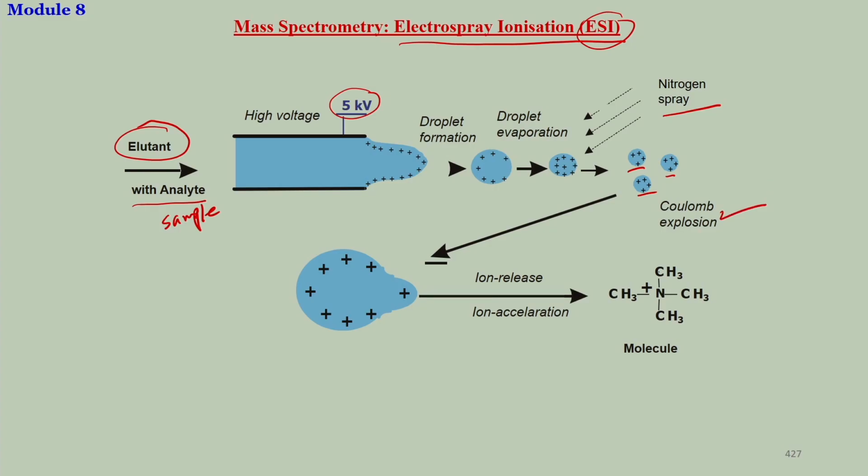Now, once the Coulomb explosion is done, these droplets are divided into various fine droplets like this. I have drawn it larger, but these are the very fine droplets that are created after the explosion. And then it has to go through an ion acceleration chamber.